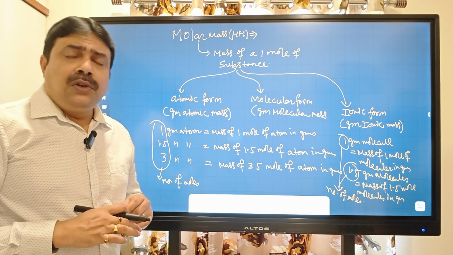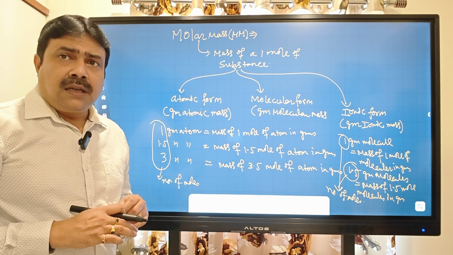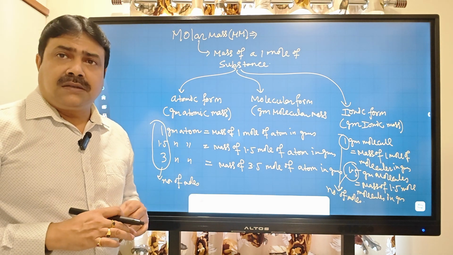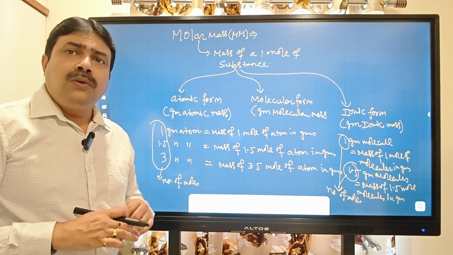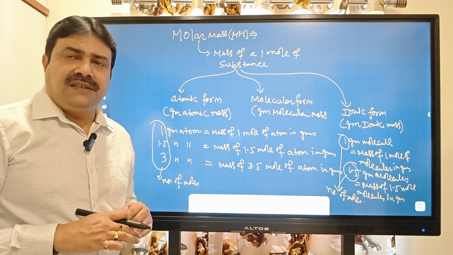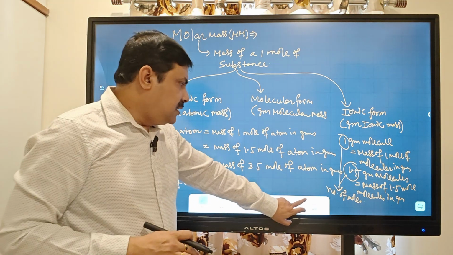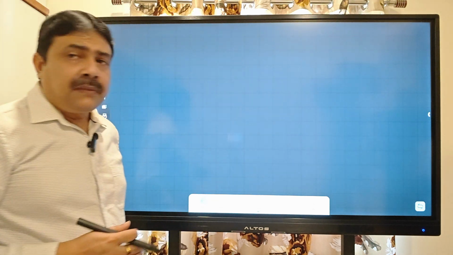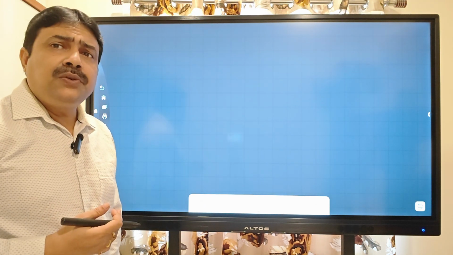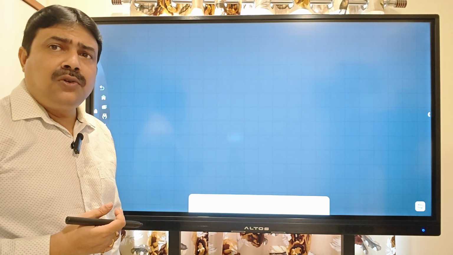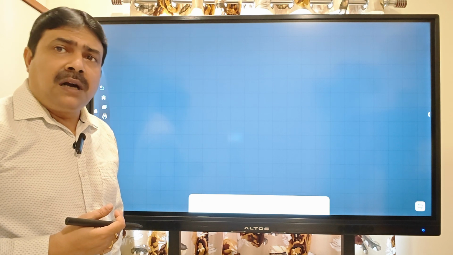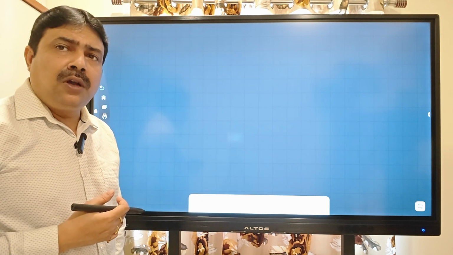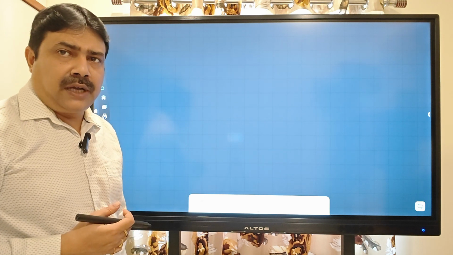Next, we are going to discuss how to find the mass of 1 mole of atoms and the relation with AMU. For that, we are going to discuss first how to find the mass of 1 mole of atom, mass of 1 mole of molecule, or mass of 1 mole of ion.